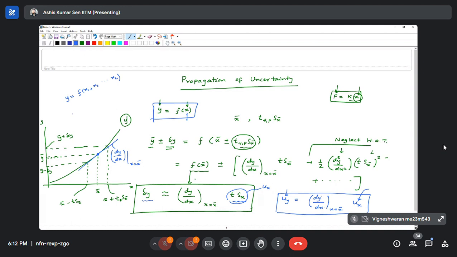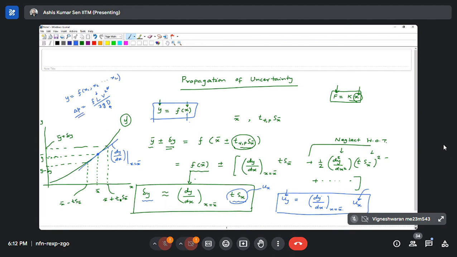For example, if you want to measure the pressure drop across a tube, you have the formula which is the friction factor, length, square of velocity, over 2g into diameter. Now you see how each one of these variables, length, velocity, diameter, affects the pressure drop, right?